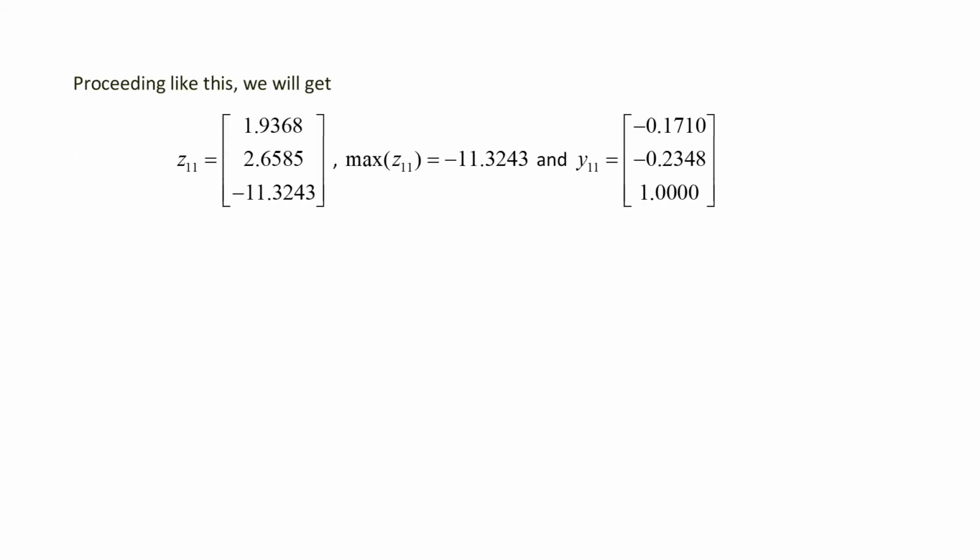Repeating the same process, we obtain z11. When we reach z11, we obtain this vector and the maximum of z11 is this value, and y11 is this vector. When we take the maximum of z11 out, we divide according to the procedure.